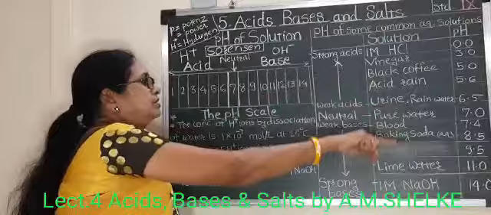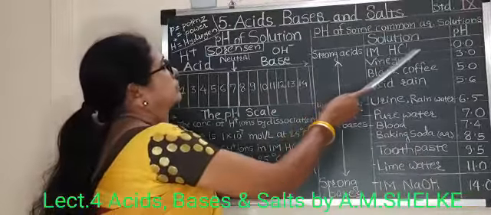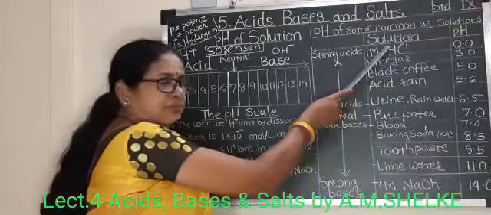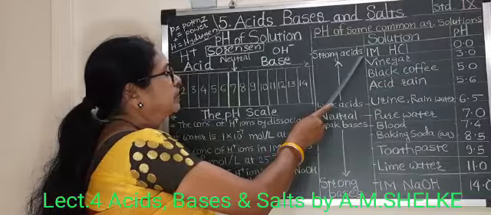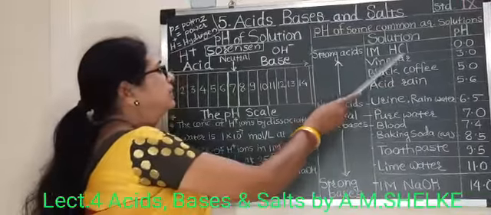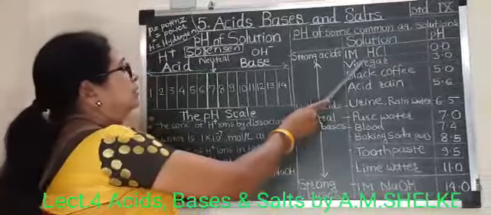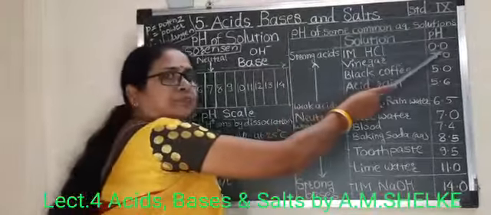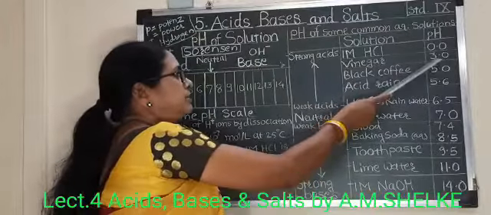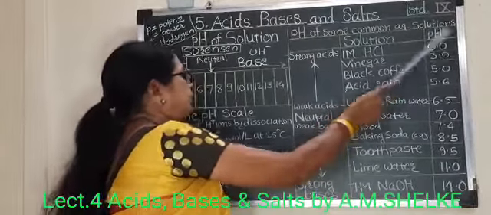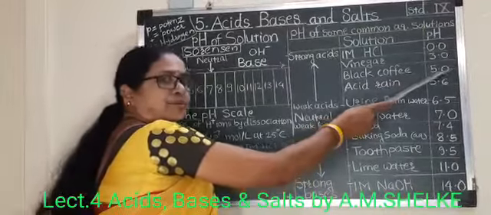See this table. This table shows the pH of some important solutions. The example of a strong acid is given first: hydrochloric acid of 1 molar solution, which has a pH of 0. Then vinegar has a pH of 3.0. The pH of black coffee is 5.0.